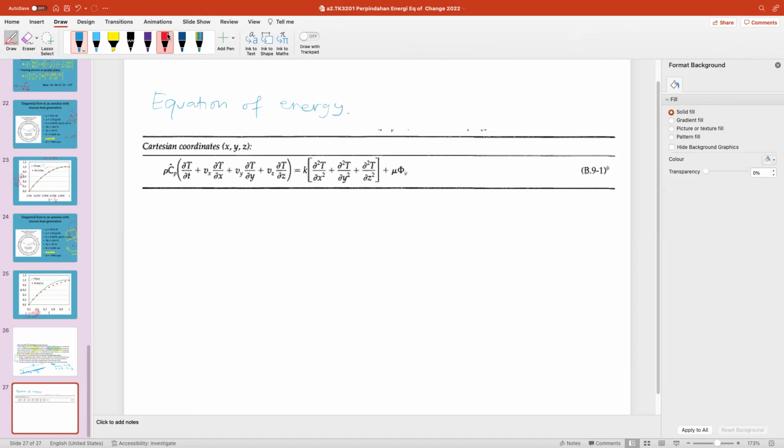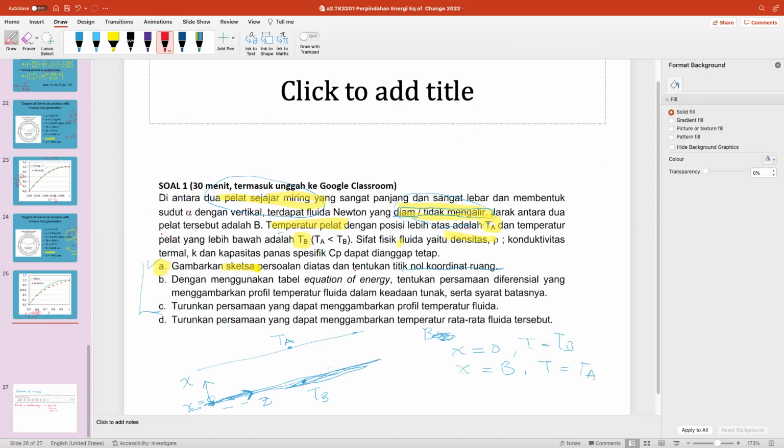The clue is the fluid is stationary. That means, do we have Vx? Do we have Vy? Do we have Vz? That's as simple as that. So look at the clue again here, is it stationary? Yes, that one.